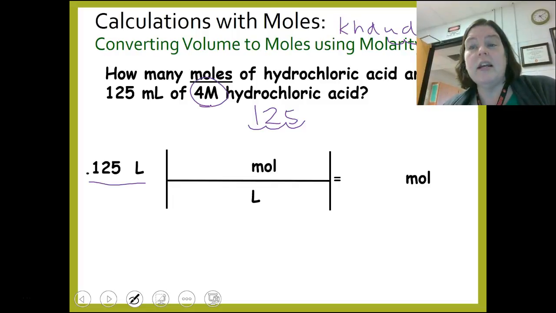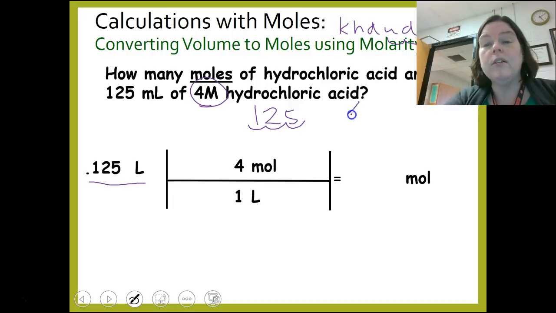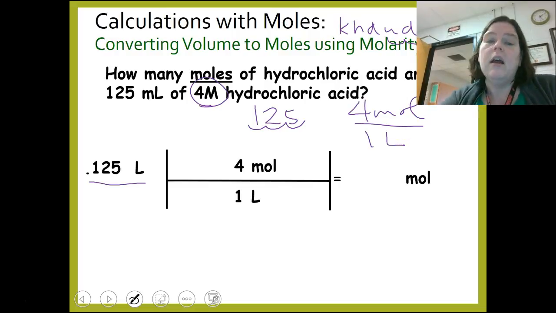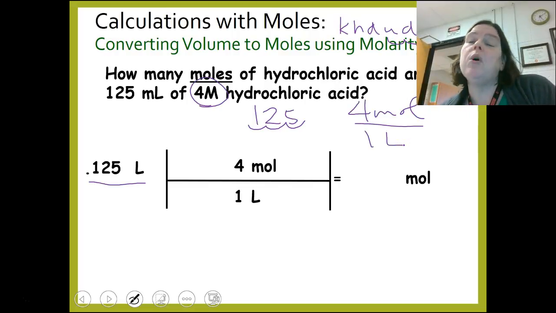In this case, it's pretty simple. We have 1 liter and 4 moles, because this 4 molar says there are 4 moles in 1 liter. So the number always goes with moles. Unlike what we've done before, where moles are always 1, when we're using molarity, the number represented in the molar always goes with moles and there's always just 1 liter.